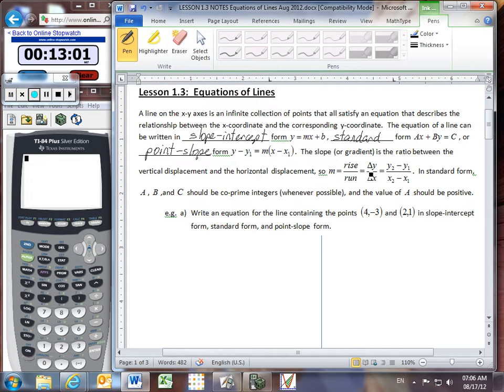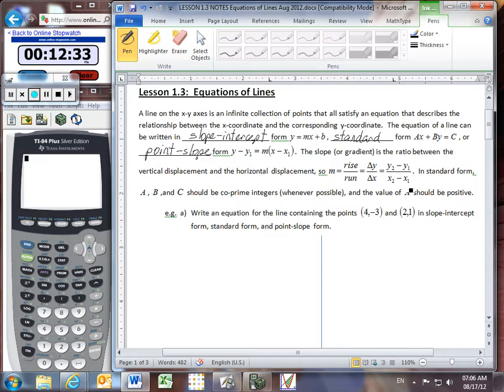Of course, that's the difference between the two y-coordinates of the points you're examining over the difference between the x-coordinates. It's very important that you maintain the order. If we have done the y-coordinate of the second point minus the y-coordinate of the first point, then in the denominator you must maintain that order as you take the difference between the x-coordinates. It must be second point minus first point.